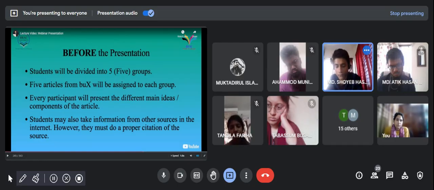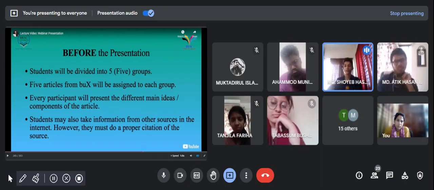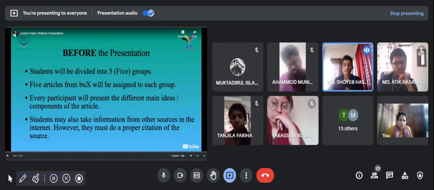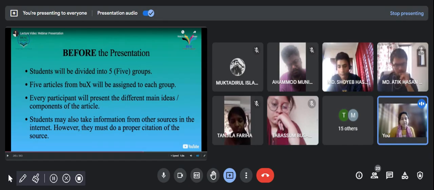We can get many sources about this article from newspapers, journals, social networks or the internet. Then we have to add information from there. Right, Shoaib, you are very correct.